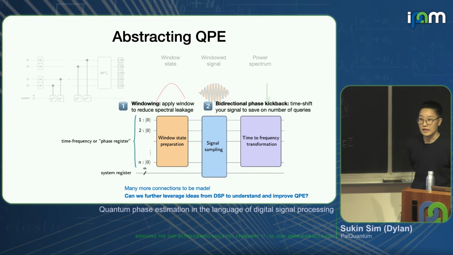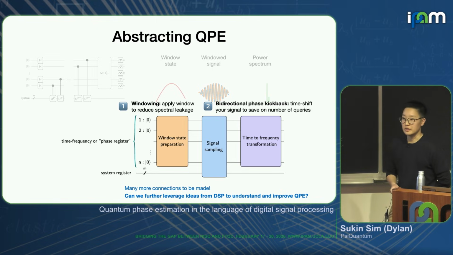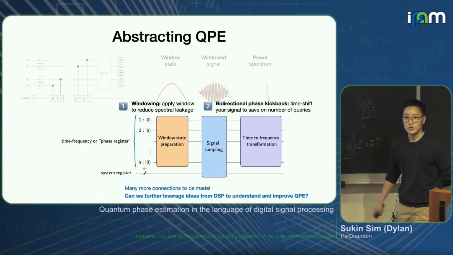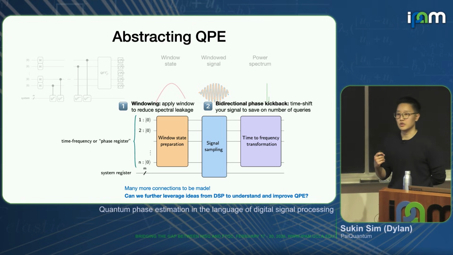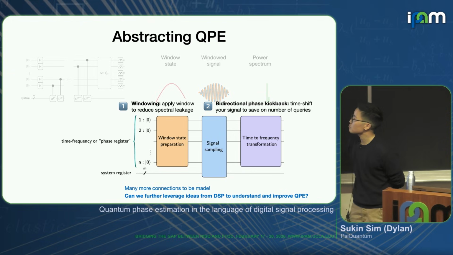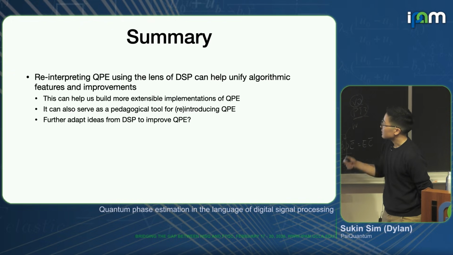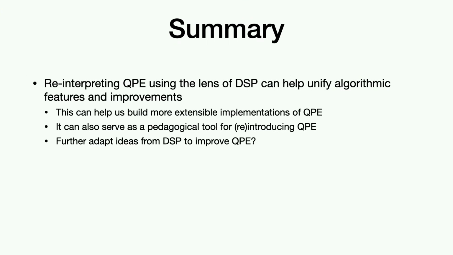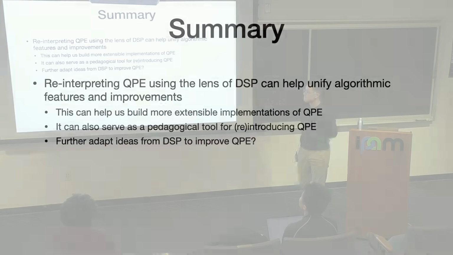So an open question again is, how can we further leverage ideas in DSP, digital signal processing, to better understand and further improve upon this flavor of QFT-based phase estimation? And so I've said a lot of these summary points, but I hope this served as perhaps a better pedagogical tool for reintroducing phase estimation. I would love to get your feedback. And again, I think there are many ways to probably further adapt ideas from signal processing to improve phase estimation.